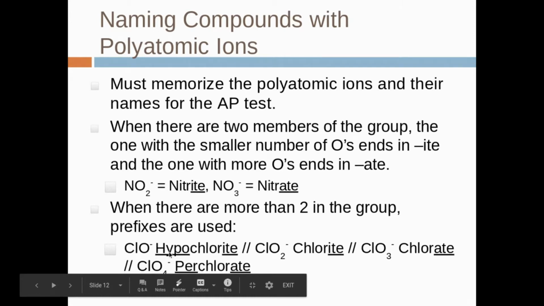So hypo is put as the prefix to tell us it's the least amount of oxygens. If we have more than our ATE group, then we put a per in front of it. So ClO4 becomes perchlorate to show us that it's the most number of oxygens.